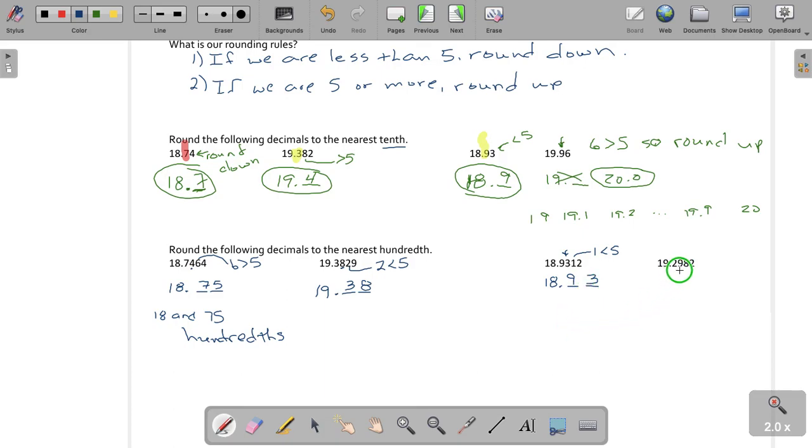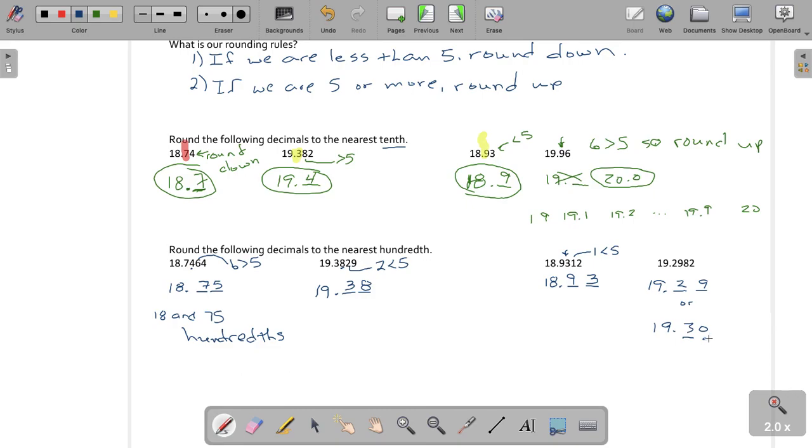Okay, now the last one here is going to be a problem again. Okay, what's the next number after 29? Okay, we're going to look at this 8 here. We're going to have 19 and 2 spots. So it's going to be 19.29 or it's going to be 19.30. Those are our 2 spots we want to go to. Okay, those are our 2 choices. If I don't round up, it's going to stay 29.